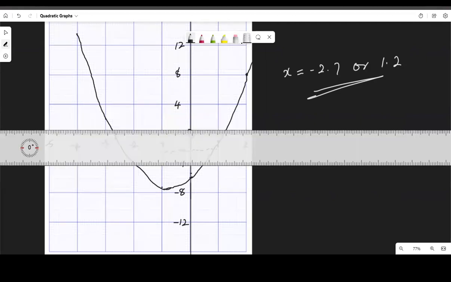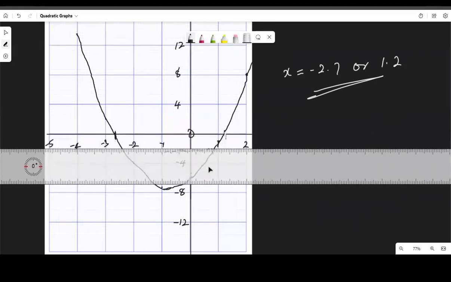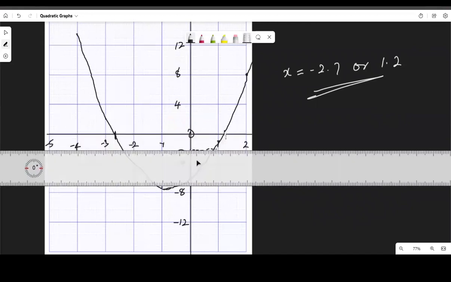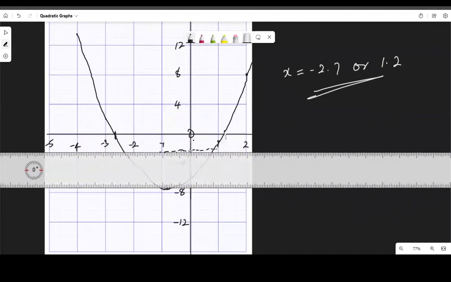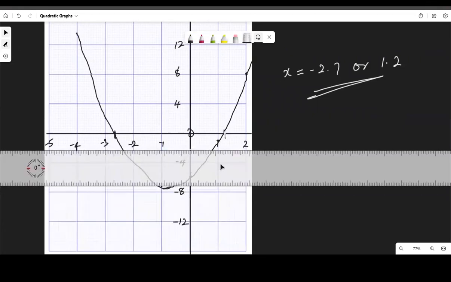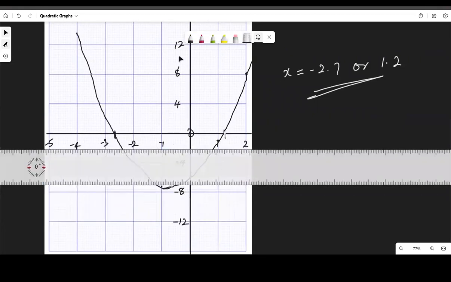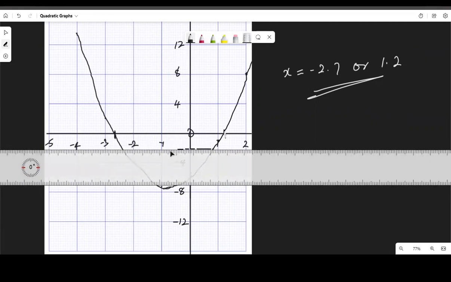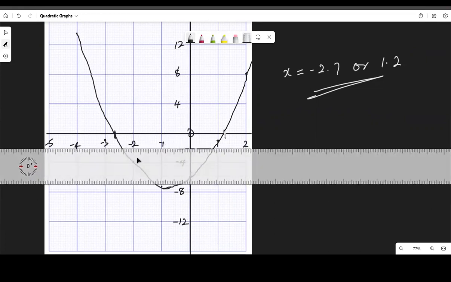Let me use a ruler. So we'll place a ruler at minus 3 and then trace it to the curve with a dotted line. Oh, the ruler is shifting.